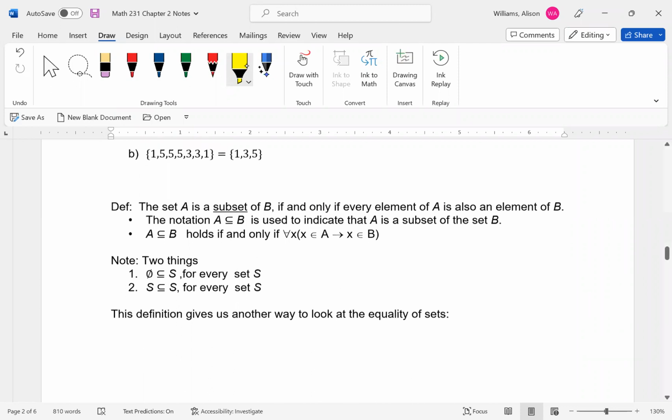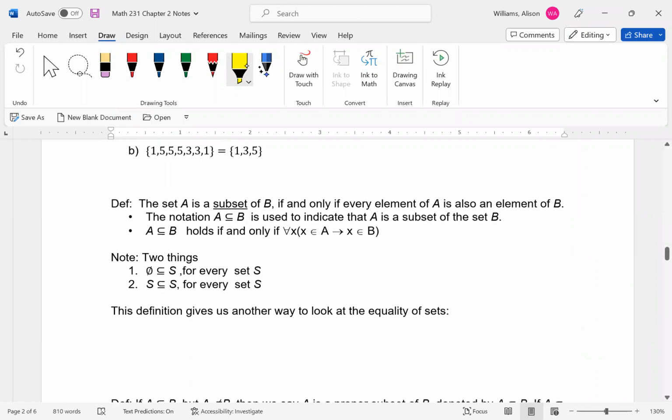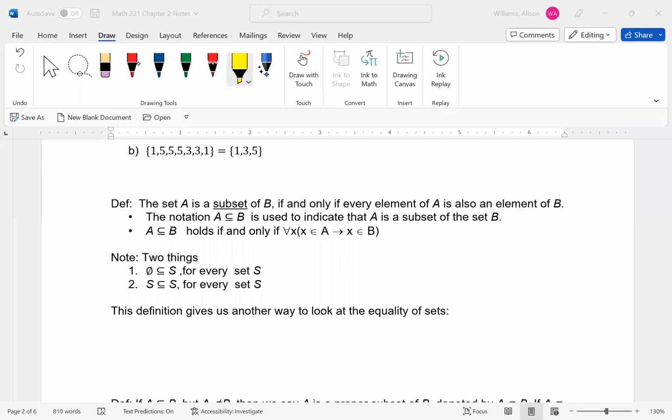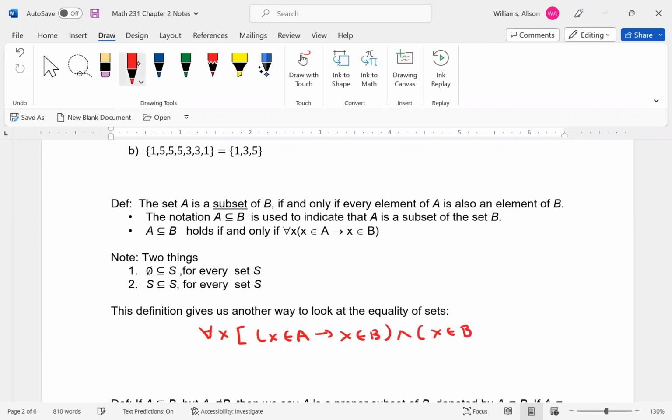Okay, so there is another way to look at the definition for equality of sets. And that's using logical equivalences. So another way of looking at it is to say that for all X, X is an element of A implies that X is an element of B, and X is an element of B implies X is an element of A. Sorry, that should have a square bracket.